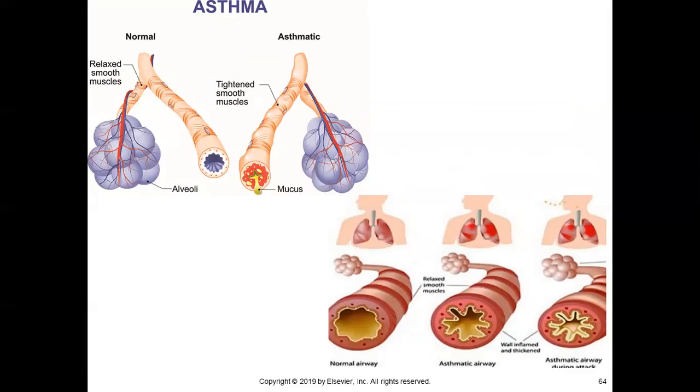Before going to the signs and symptoms of asthma, let me explain these two pictures. This picture shows normal healthy lungs or respiratory tract, with relaxed smooth muscle, alveoli inflating, no mucus, and a bigger lumen. But in an asthmatic patient, the muscle in the tract is tight or constricted, with a lot of mucus and edematous lining epithelium.